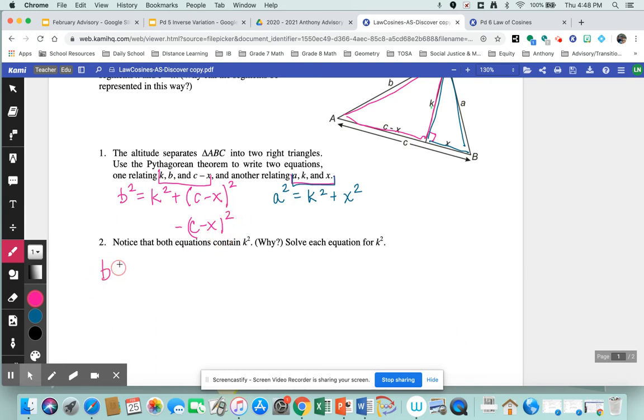So I'm going to have B squared minus, and remember that has to stay in parentheses, (C minus X) squared is equal to K squared. For my other one, I'm just going to have to subtract X squared from each side. So I'm going to have A squared minus X squared is equal to K squared.